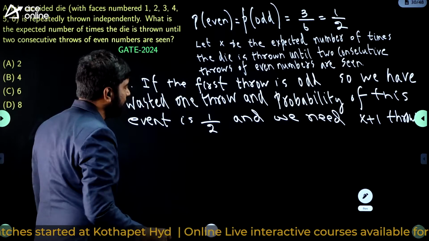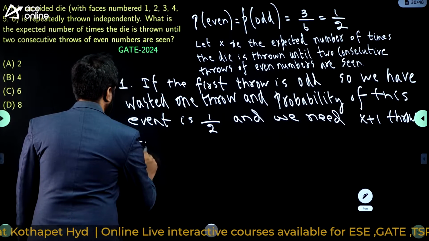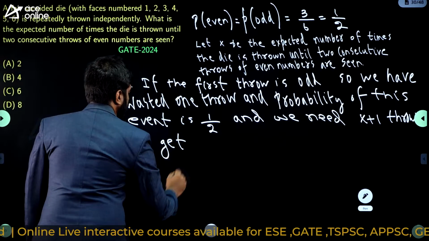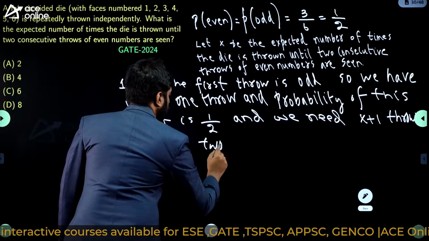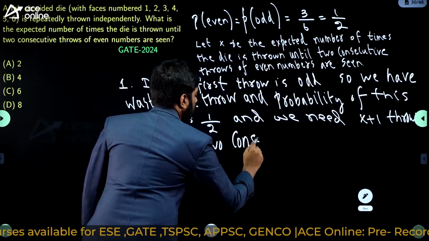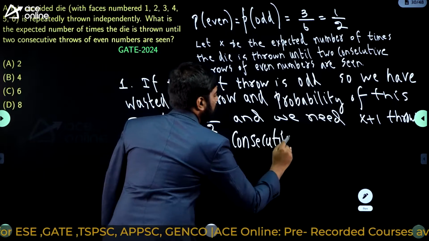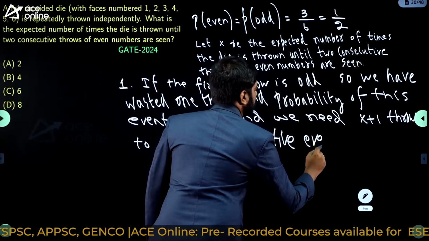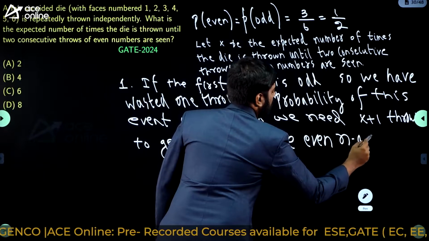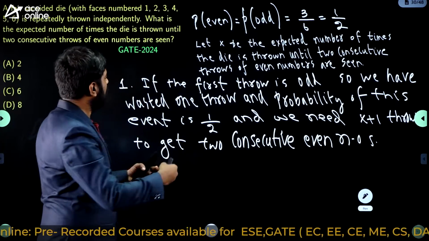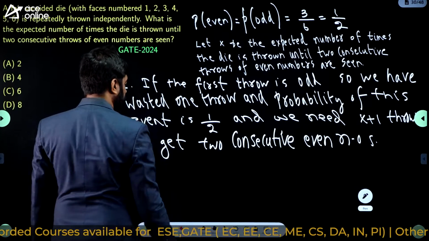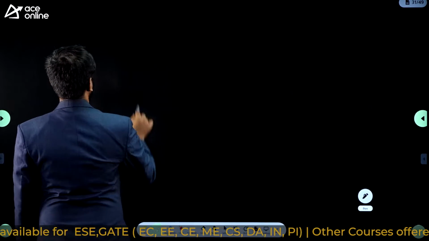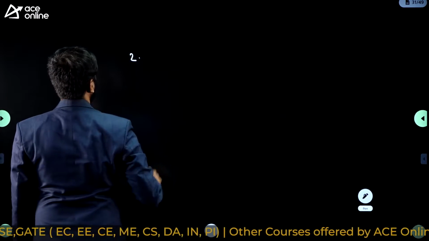We need x plus 1 throws to get two consecutive even numbers. This is the first case, students. So it's a very lengthy question. Let me explain it one by one. What is case 2? Let us see case 2.